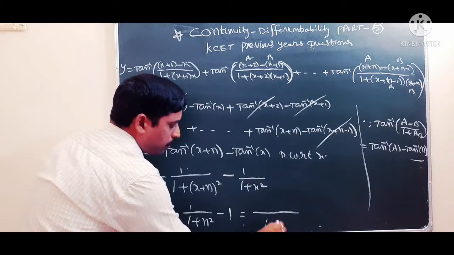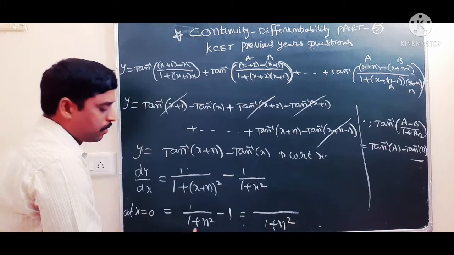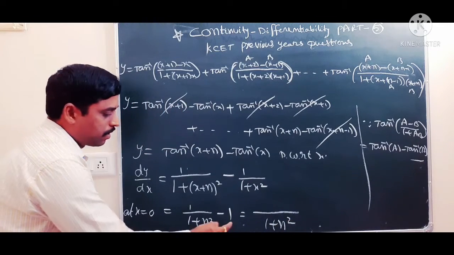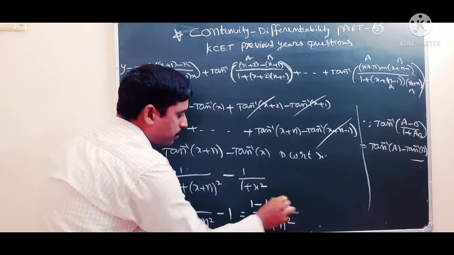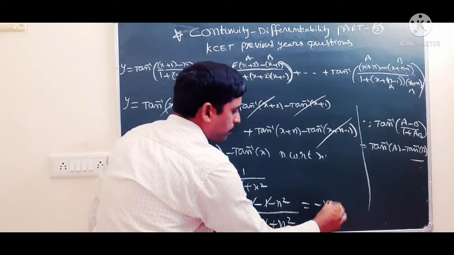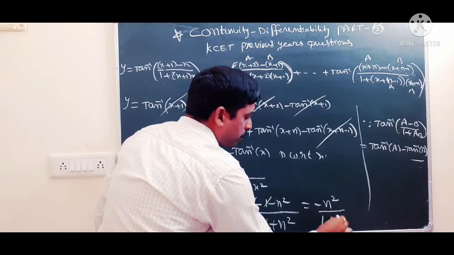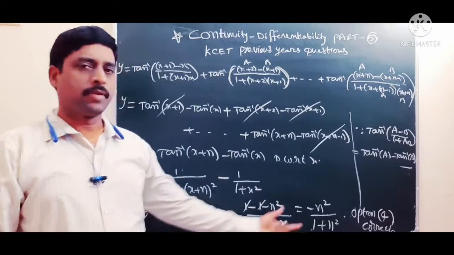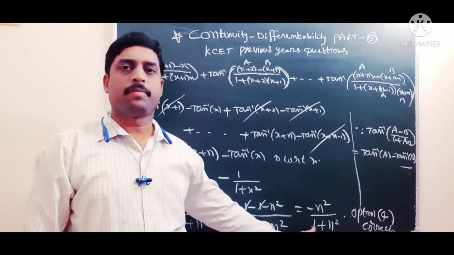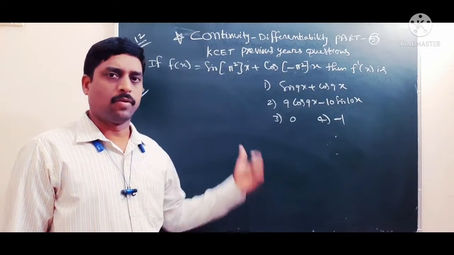Let us take the LCM, 1 plus n square. After LCM, this value is 1 minus 1 minus n square. Answer is minus n square by 1 plus n square. Option 4 is correct. Minus n square by 1 plus n square. So option 4 is correct. Let us go to the next problem.